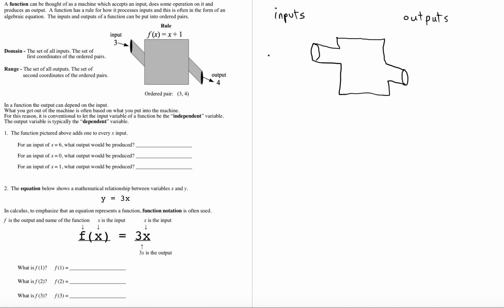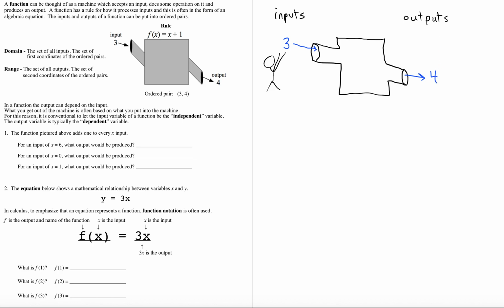Okay, so imagine we're going to feed the machine the number 3 and put it in the left side. What comes out on the right side is the output, and that's going to be a 4.